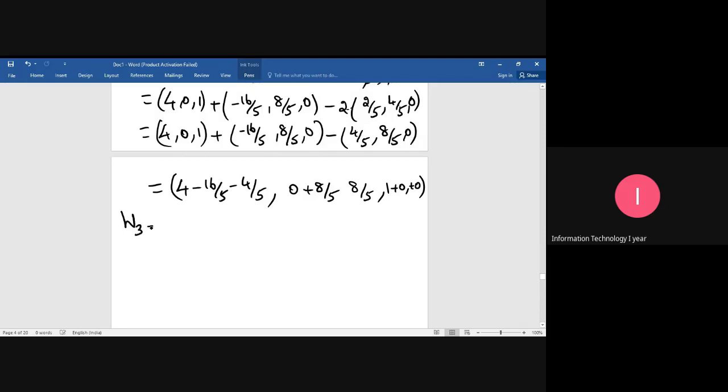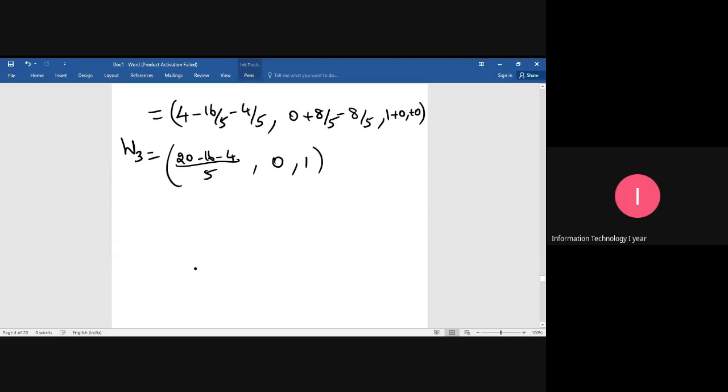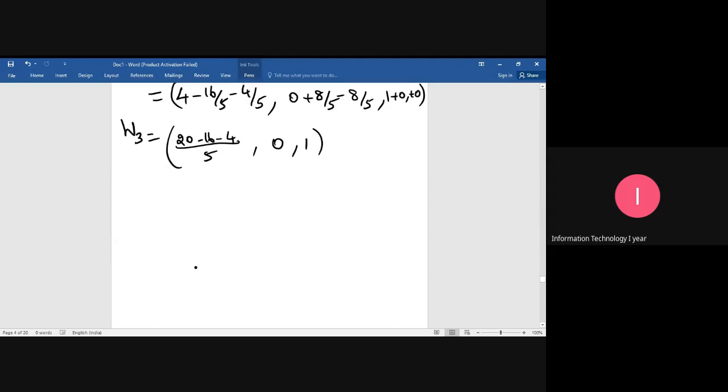Therefore W3 equals, taking LCM 5, 20 minus 16 minus 4 divided by 5, right? Then the second is 8 by 5 minus 8 by 5, it is 0. Then the last value is 1. So what about W3 now? 20 minus, actually it is cancelled.